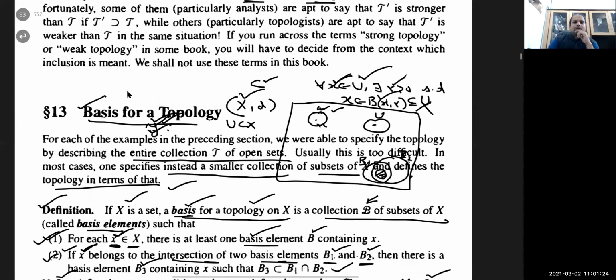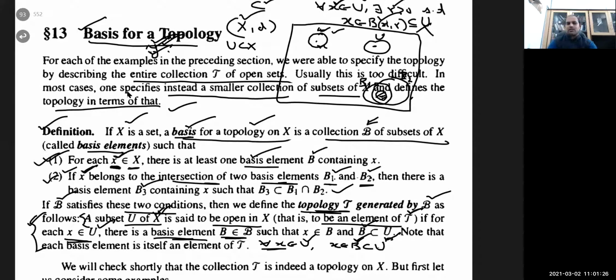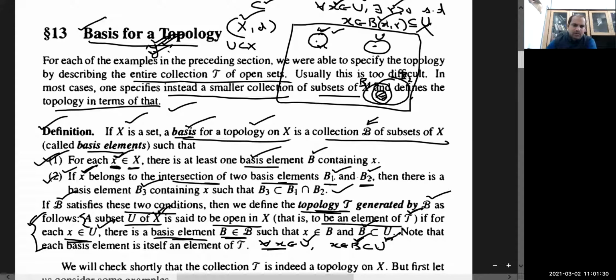Okay, so this is the definition of a basis for a topology. According to this definition, suppose X is any set. Then we say that a collection, let us denote that collection with script B, of subsets of X, is a basis, with its members called basis elements, if it satisfies the following two conditions.